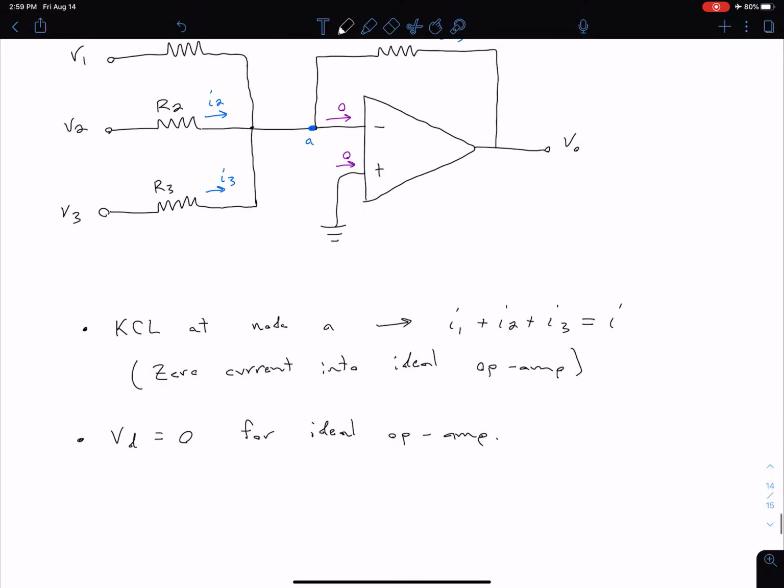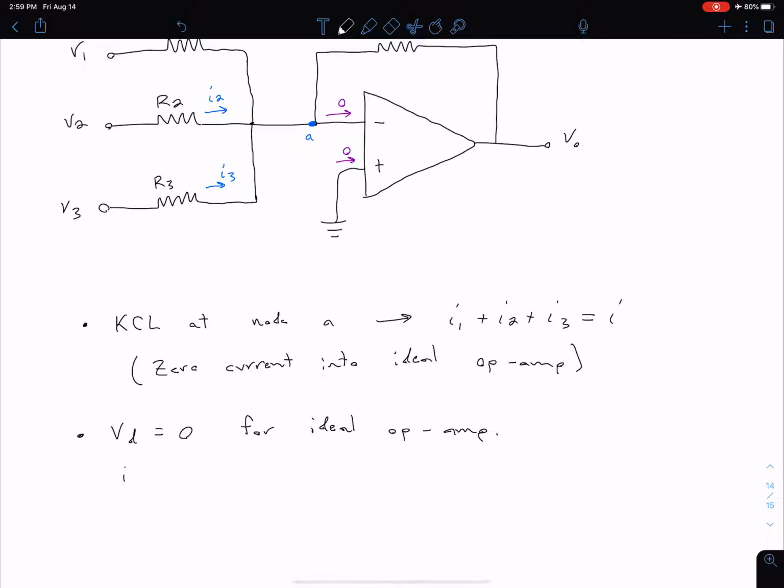So the way we have it here, our inverting terminal is going to be at a virtual ground. Since we've labeled that A, we could also say the voltage at A, V sub A, is equal to 0.